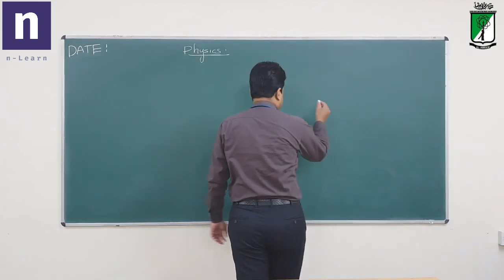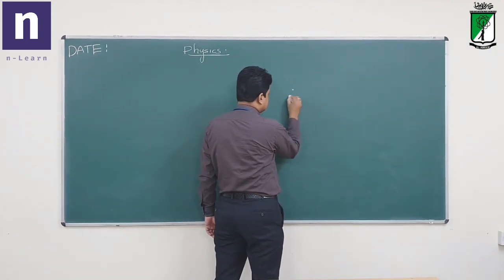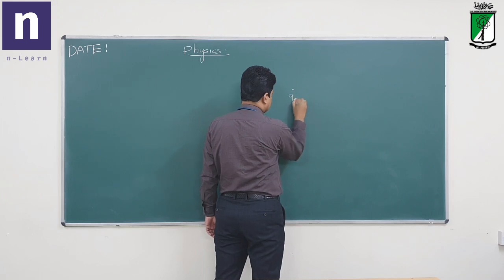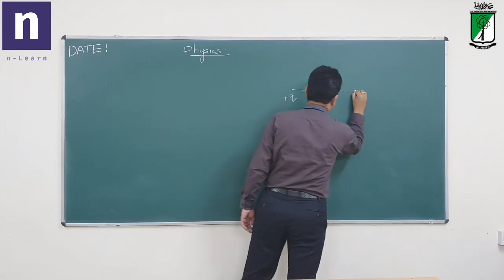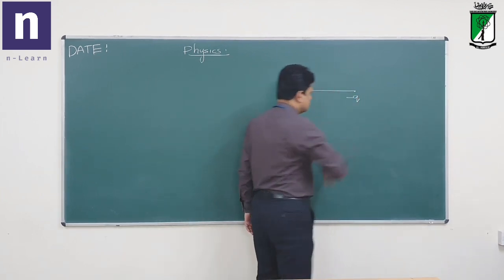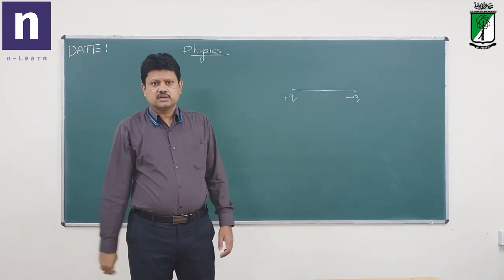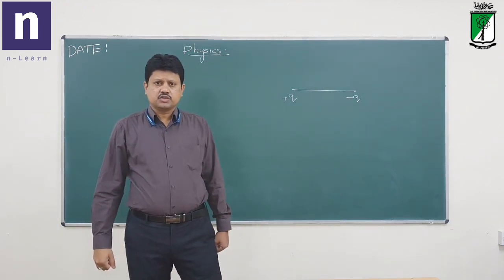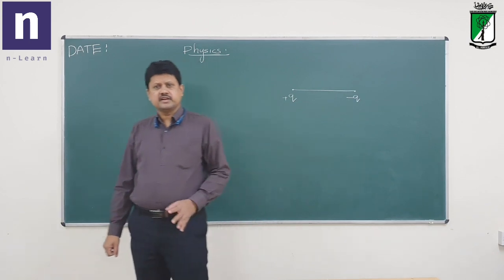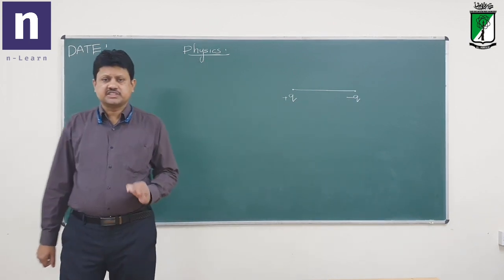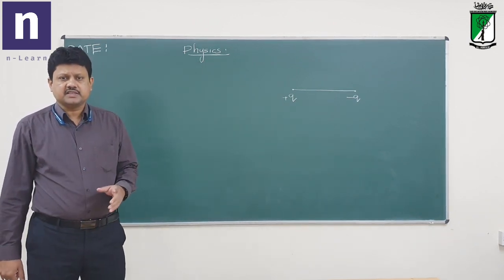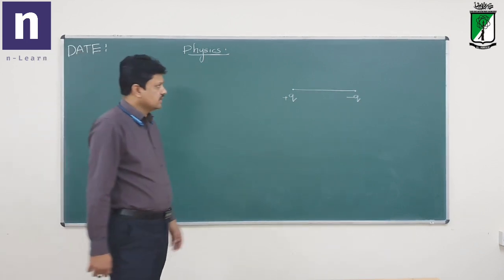An electric dipole is a combination of two charges. By definition, an electric dipole consists of two equal and opposite point charges separated by a very small distance.